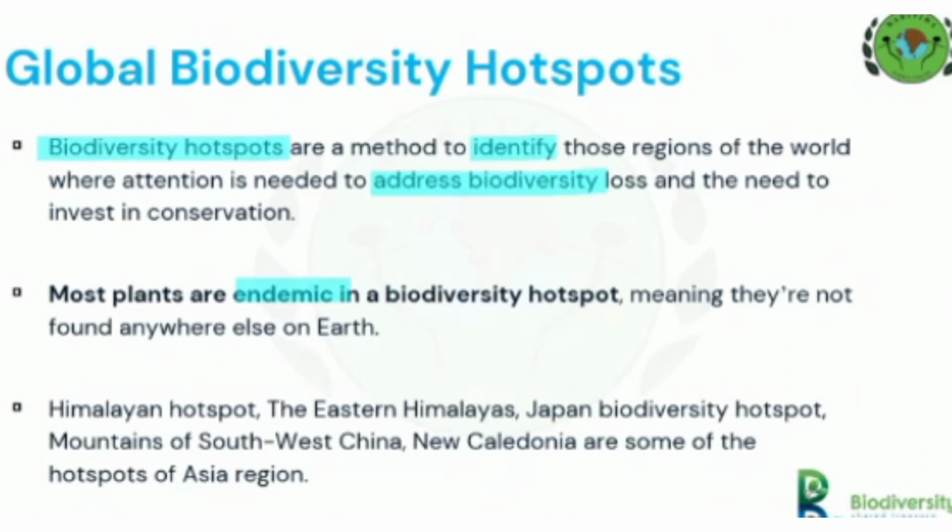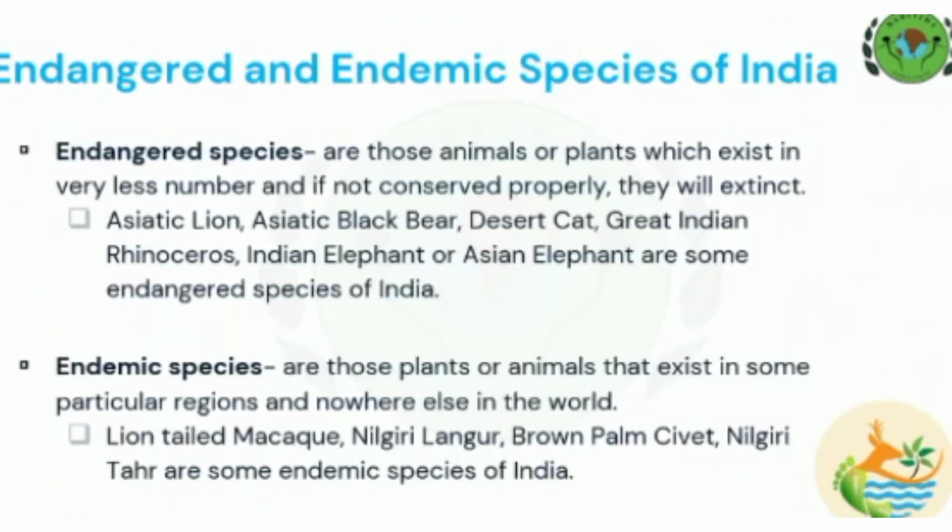Let's know about endangered and endemic species of India. So starting with endangered species, these are those animals or plants which exist in very less number, and if not conserved properly, they will become extinct. Some endangered species are Asiatic lion, Asiatic black bear, desert cat, great Indian rhinoceros, Indian elephant, and Asian elephant.